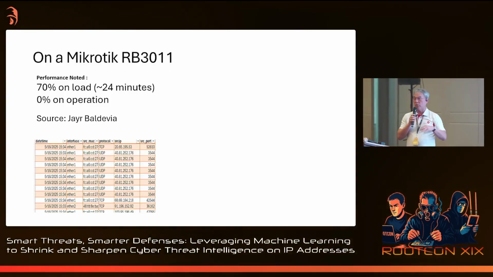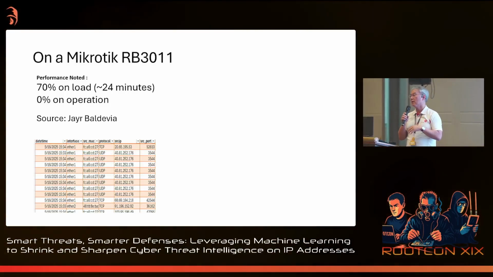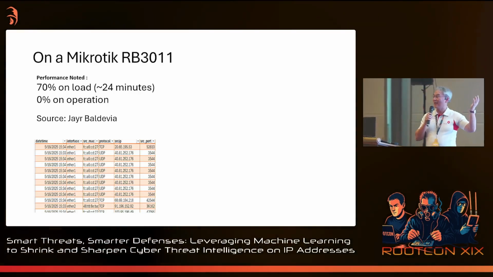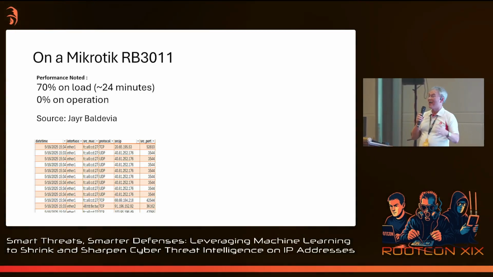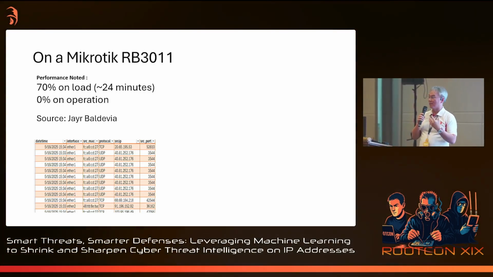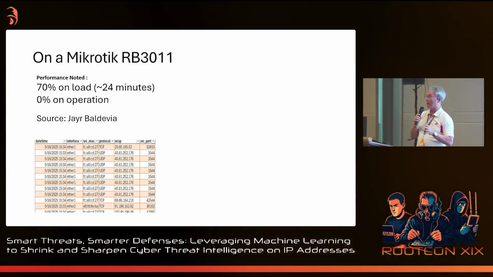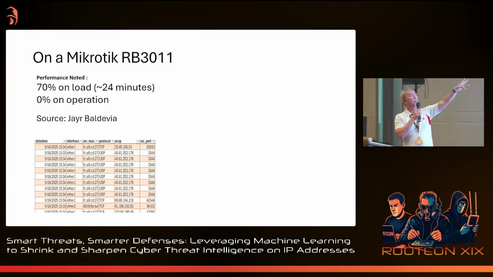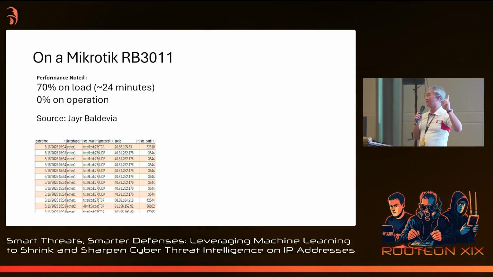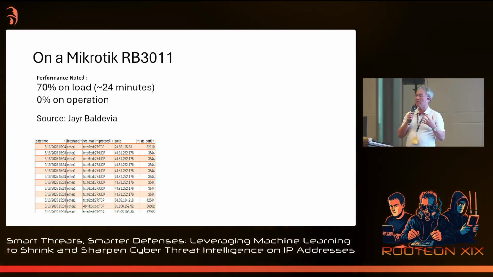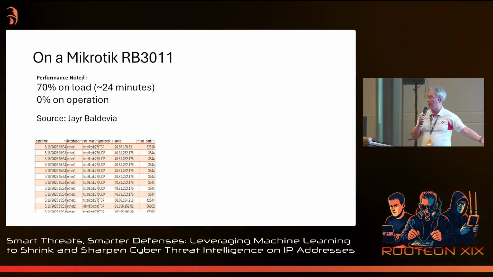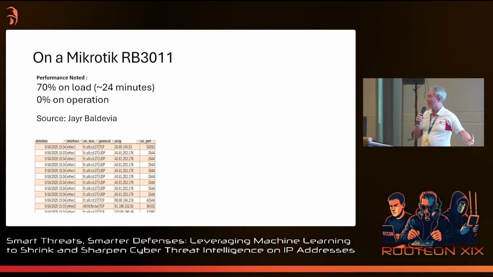And what I did was I reached out to my friends in the industry because I don't have a MikroTik. Remember the earlier chart that shows the majority of firewalls in the Philippines is a MikroTik brand because they're low cost. So we used an RB3011. And we wanted to figure out if we were to load the 70,000 IP, would it kill the firewall?